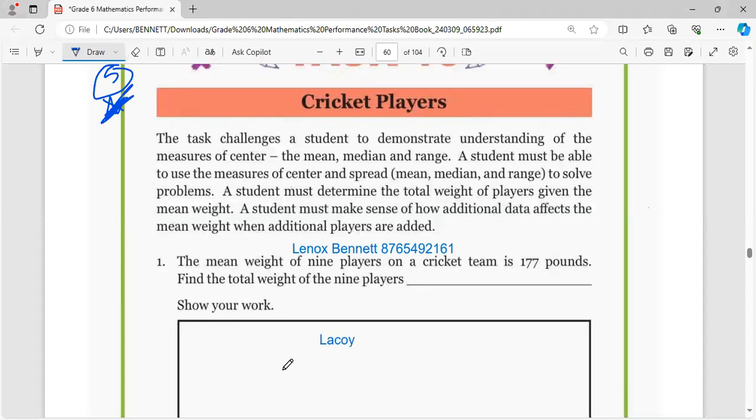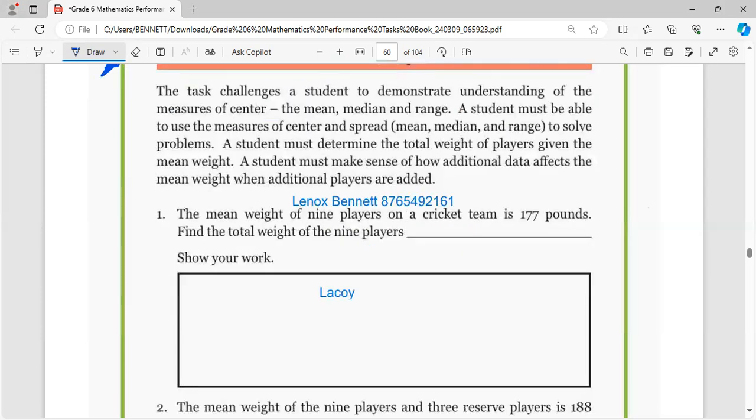Okay, so another word for mean is average. It says the average weight of 9 players on a cricket team is 177 pounds. Find the total weight of the 9 players.